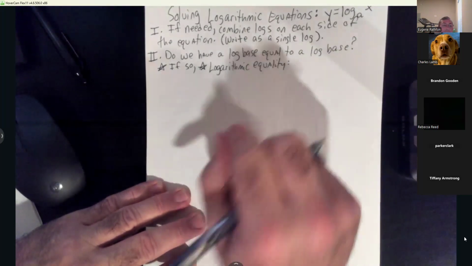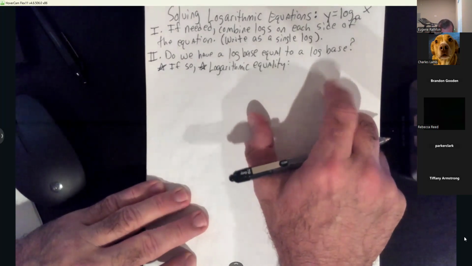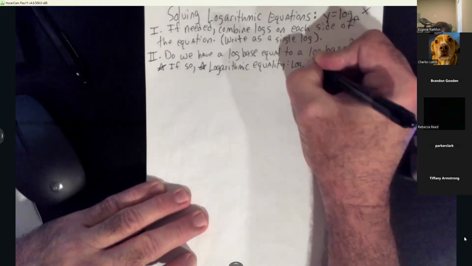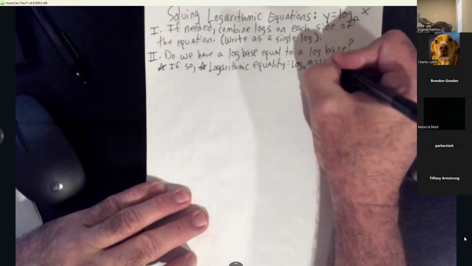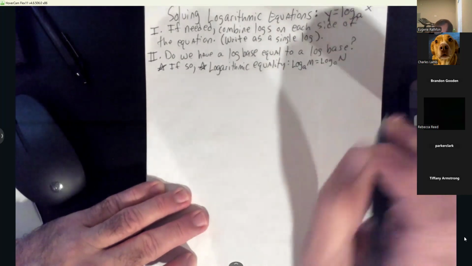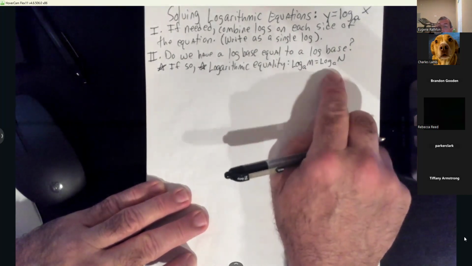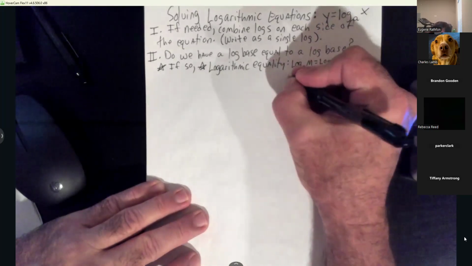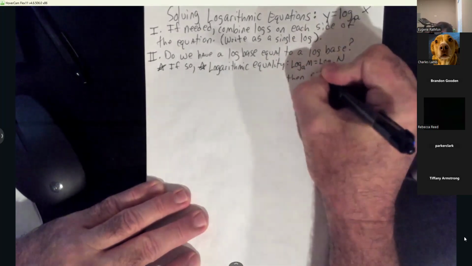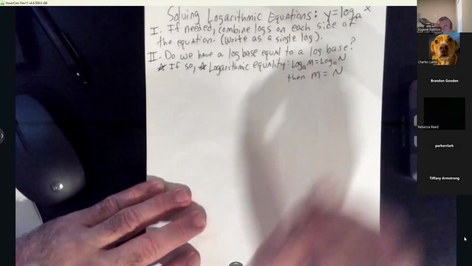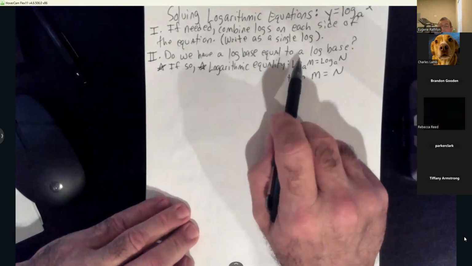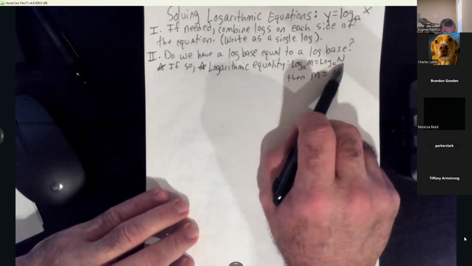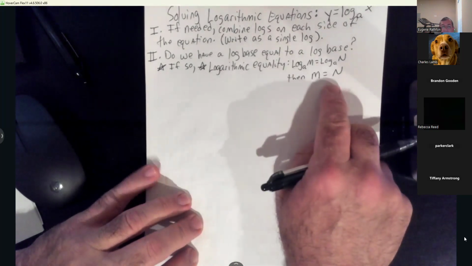And this is similar to the log base property from a while ago. This tells me if I got a log base A of m equal to a log base A of n, if the logs match, then that means m equals n. That makes sense. If they both have the same base and they're equal, m has to equal n, okay? So we try to get this to happen.